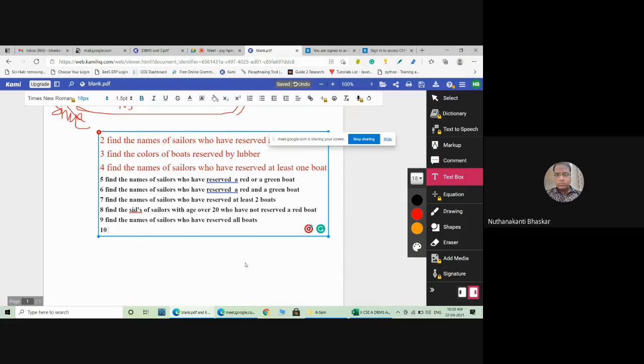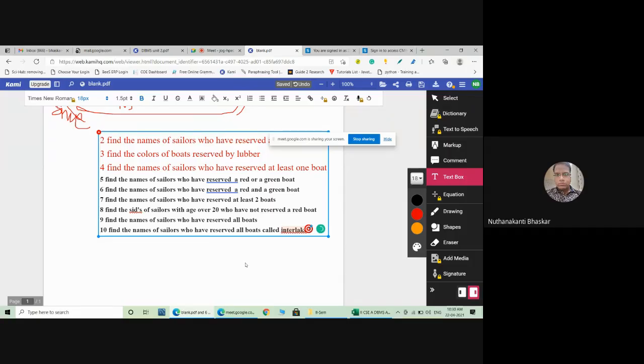The last query, please write it down. Find the names of sailors who have reserved all the boats called Interlake.